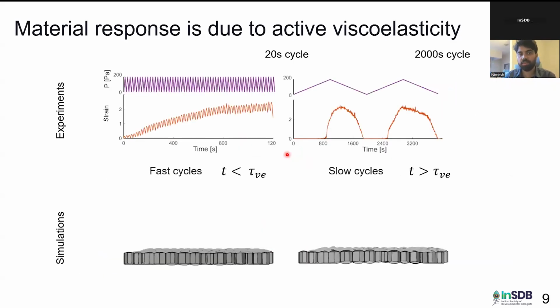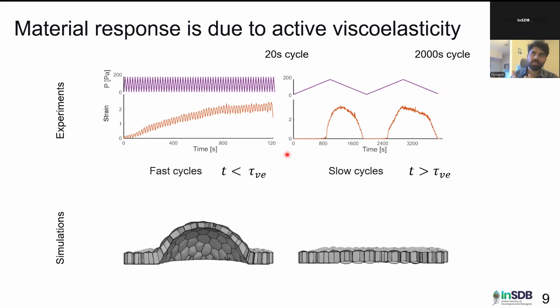So this can be understood in our simulations of cyclic stretching. If we stretch tissue faster than the viscoelastic time scale, you have this ratcheting response, because cells can stretch, but they don't have enough time to unstretch, and the next cycle begins. So this is how the strain accumulates.